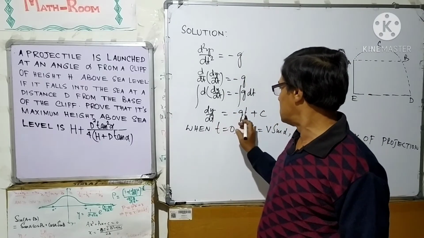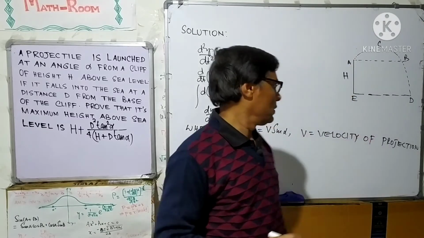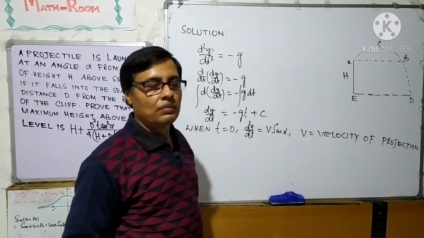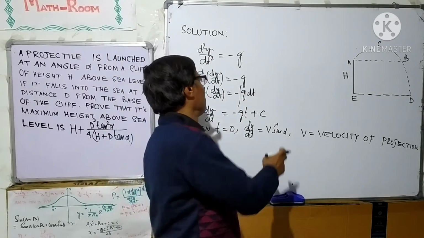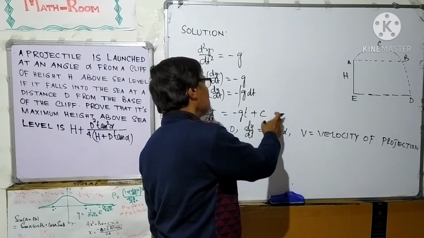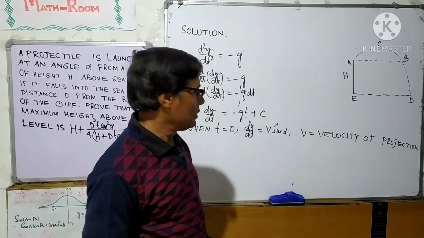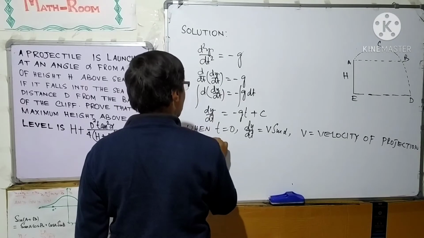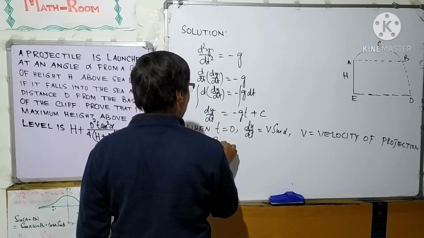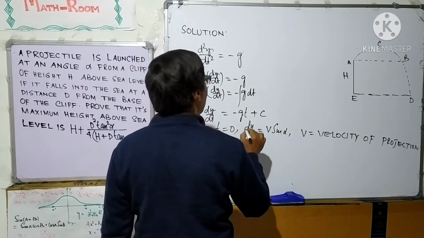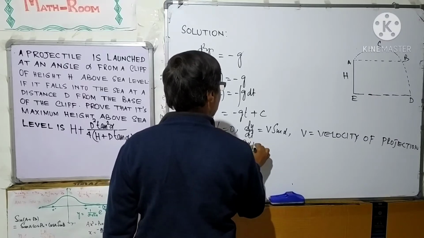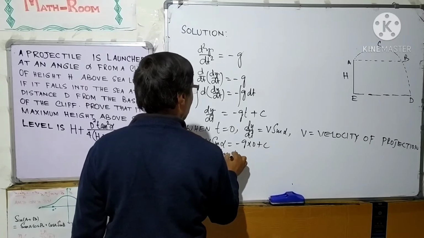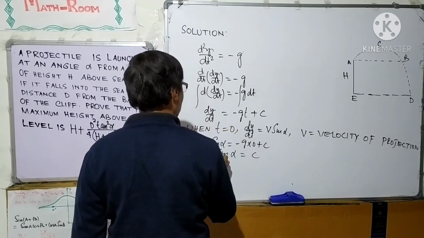So, dy dt equal to v sin alpha when t equal to 0. This is the initial velocity of vertical motion. So, v sin alpha equal to minus g into 0 plus c, so v sin alpha equal to c.